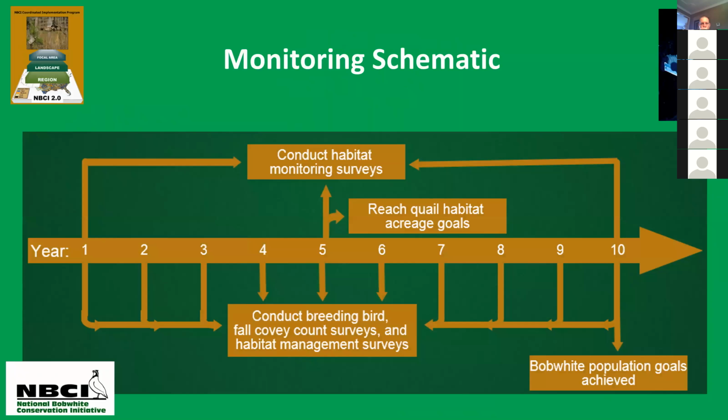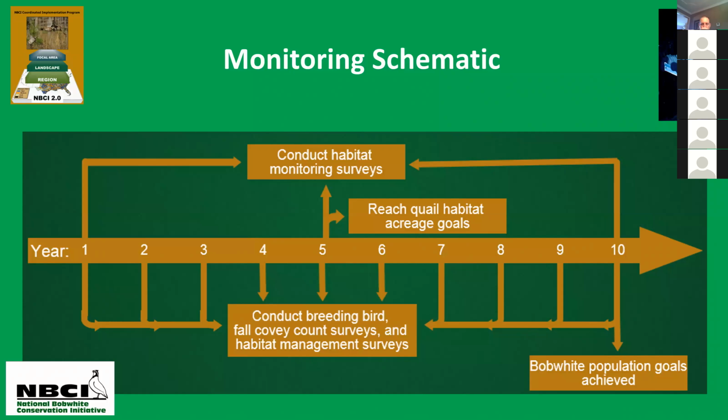This is a schematic, and it's from one of the narrated slideshows in the training section of the website. And this is really probably one of the most important slides and images for you to consider if you're going to implement a SIP. So let's unpack this really quickly. Number one, it's a 10-year program. We expect and hope that by the 5th year, quail habitat acreage goals have been reached.